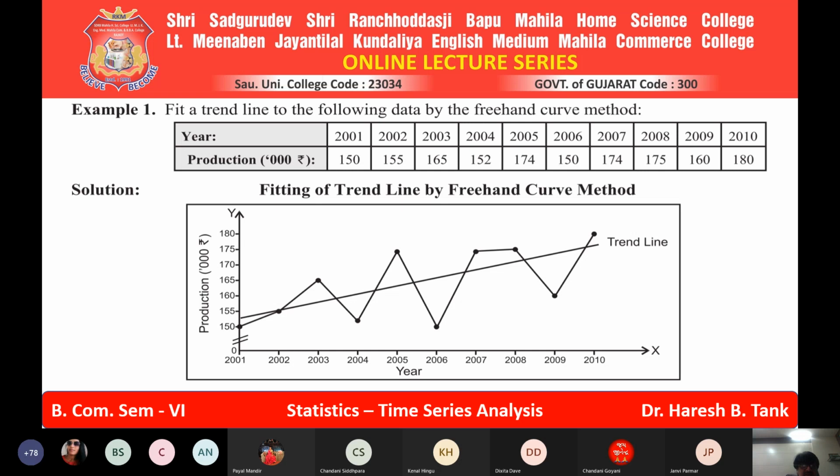The last point was 2010 and the next point would be 2011, right? If you just extend your line onwards, whatever point comes against 2011 and then whatever point comes exactly opposite to that 2011 point on the y-axis, that can be the prediction of production.